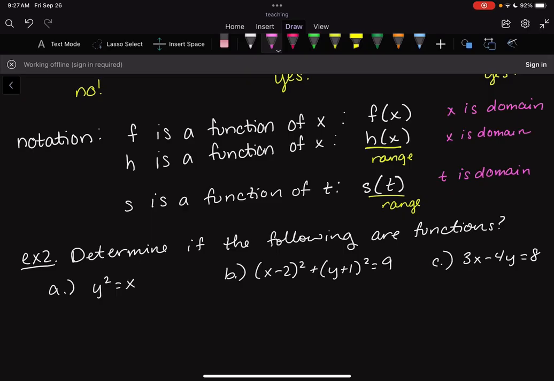Now, I personally think that these will probably get easier for us as we go through chapter 2, because soon in chapter 2, we're going to start talking about how to graph. And I do think sometimes looking at a graph and understanding what the graph would look like can really help with determining if it's a function or not.